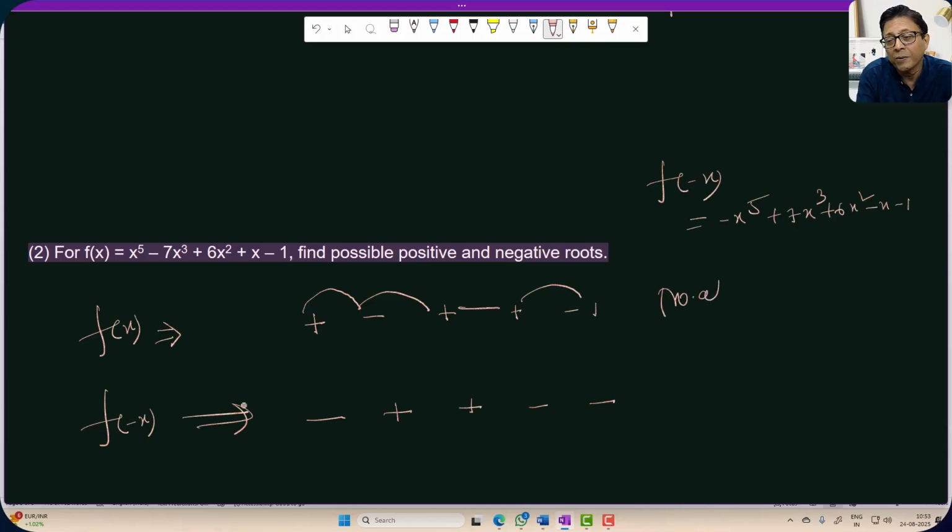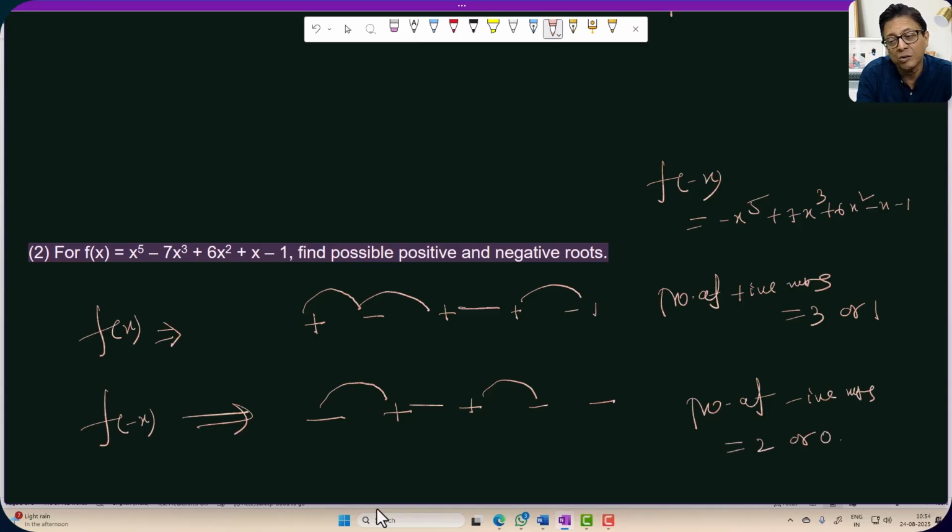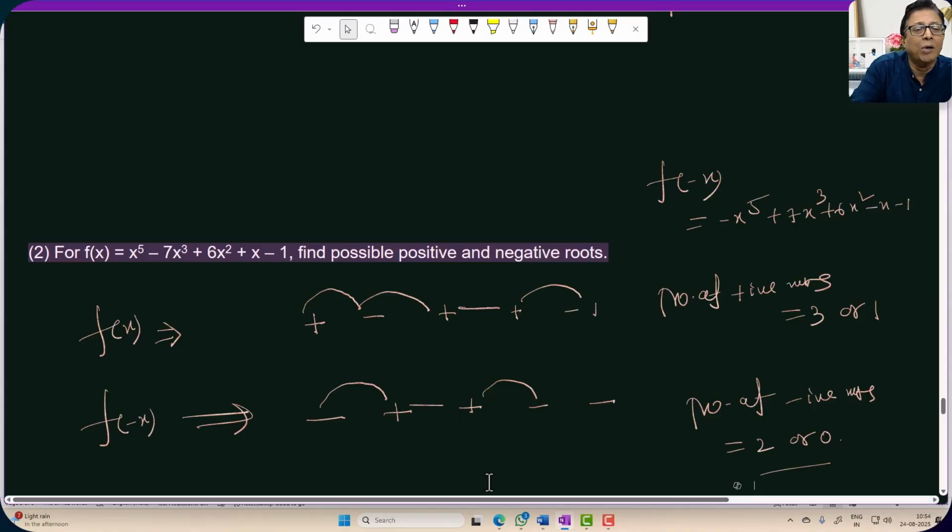So the number of positive roots equals 3 or 1. For the number of negative roots, how many sign changes? 1. No sign change here. 1. So the number of negative roots will be 2 or 0. Number of positive roots 3 or 1.